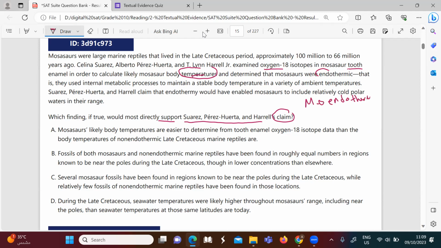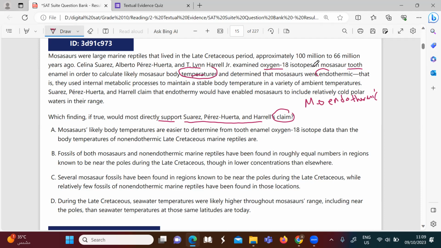Then I have a dash, which means it is going to explain how they were endothermic. They used internal metabolic processes to maintain a stable body temperature in a variety of ambient temperatures. In low temperatures, they kept being warm. This is because of the endothermy.